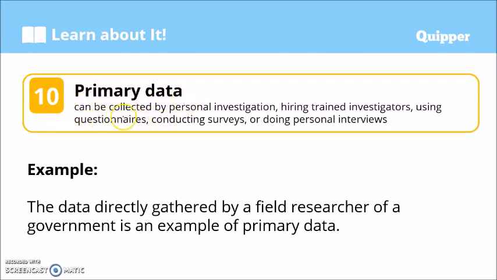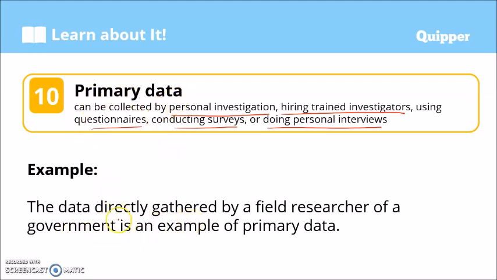So, this can be collected by personal investigation, hiring trained investigators, using questionnaires, conducting surveys, and doing personal interviews. That's primary data. Ibig sabihin, ikaw mismo yung gumawa. Ikaw mismo yung kumuha ng data. So, first-hand information. Okay? That's primary data.